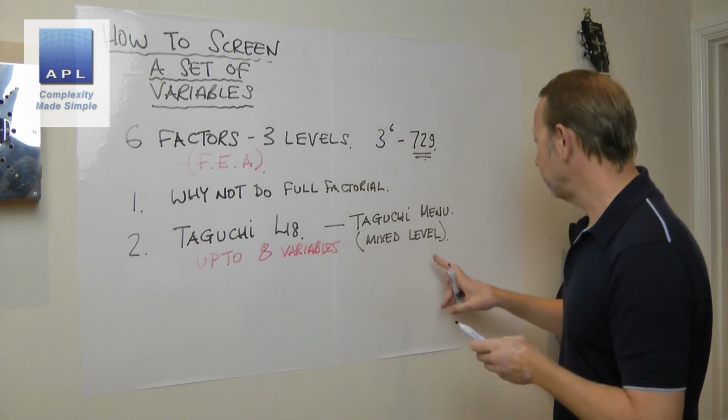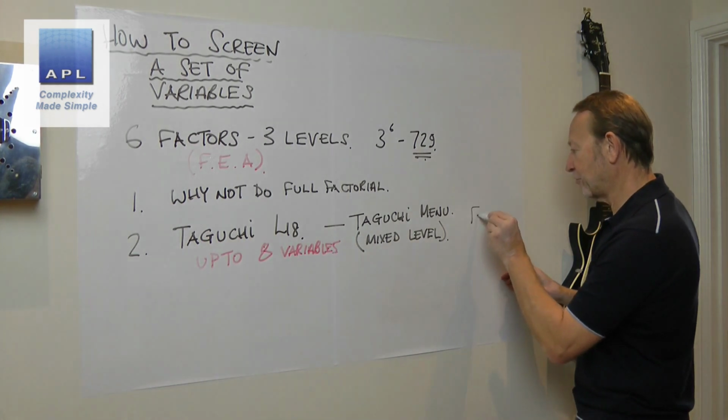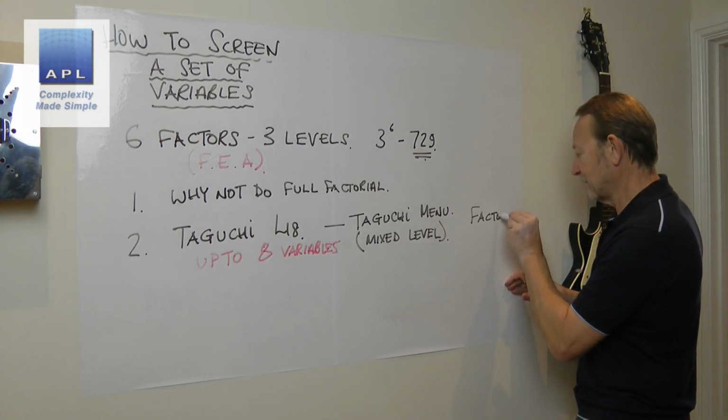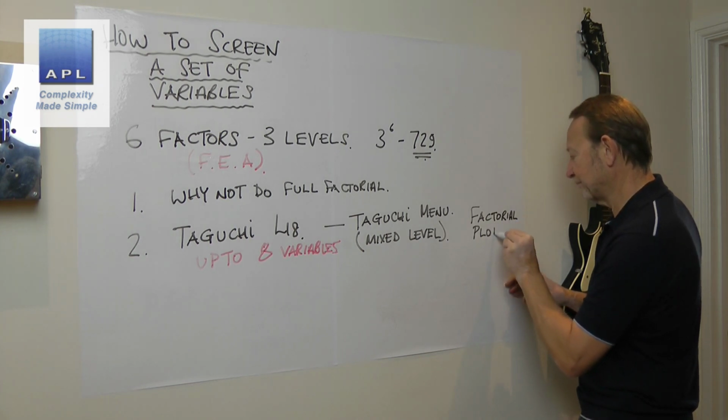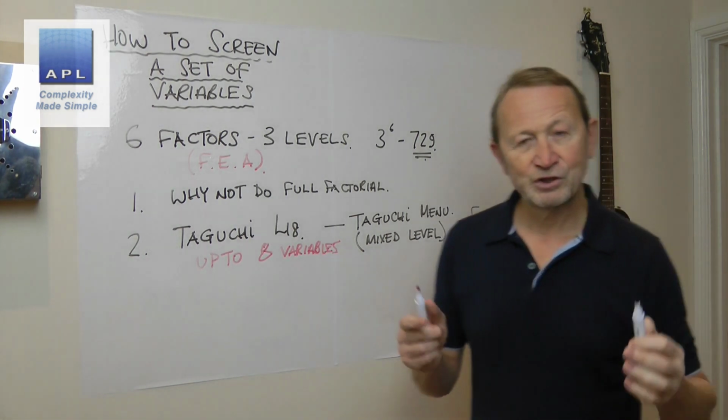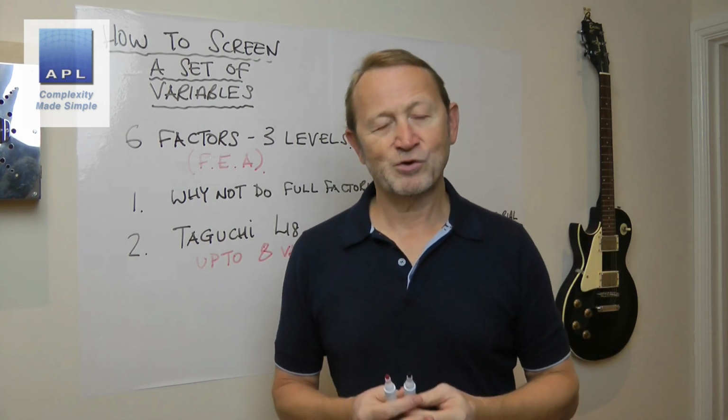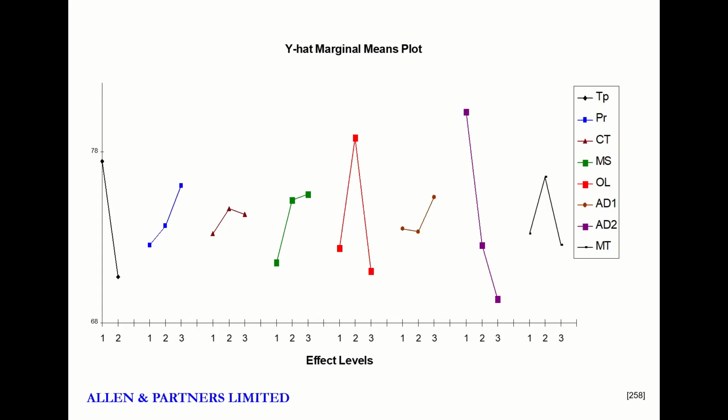So when you do the analysis, you are going to create a factorial plot. You can see an example of a factorial plot here. This is a factorial plot for a different system, but you can see that we had 8 factors in this particular system.